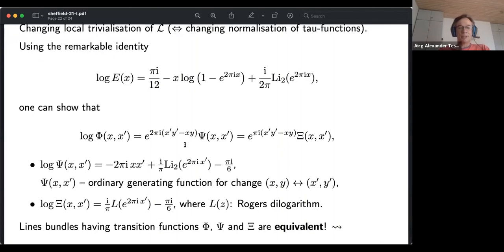And then the psi that you're getting after splitting off this factor, the log of psi has this formula. It is the ordinary generating function where you take derivatives instead of finite differences. And if you do not take a factor of 2 here, but just 1 in front, then there is the Rogers dilogarithm, which was the version that explicitly appeared in Andy's talk.